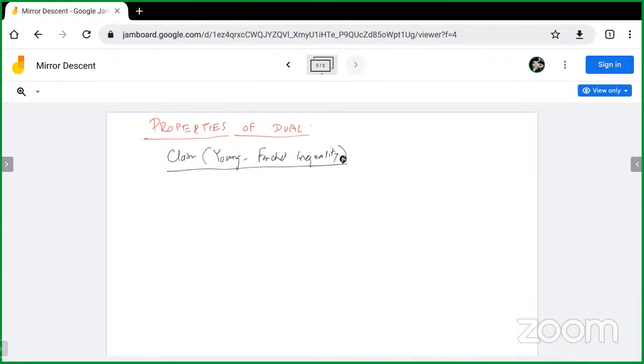It says that the inner product between y and x is always at most f of x plus f star of y. So essentially, you can split the inner product by taking the corresponding functions. Let's see why. It's actually kind of simple. Let's just prove it.